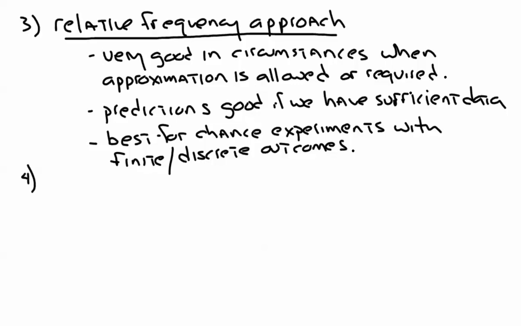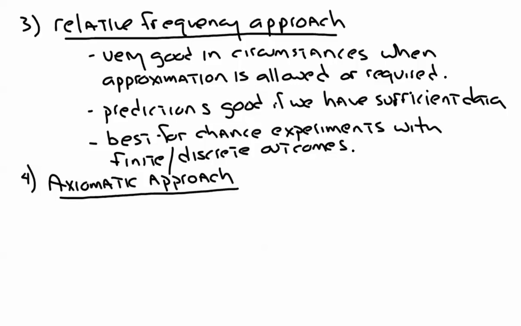And the fourth approach to probability, and the approach that we will spend the overwhelming majority of our time using this semester, is known as the axiomatic approach. The axiomatic approach uses mathematical tools in the most rigorous way.